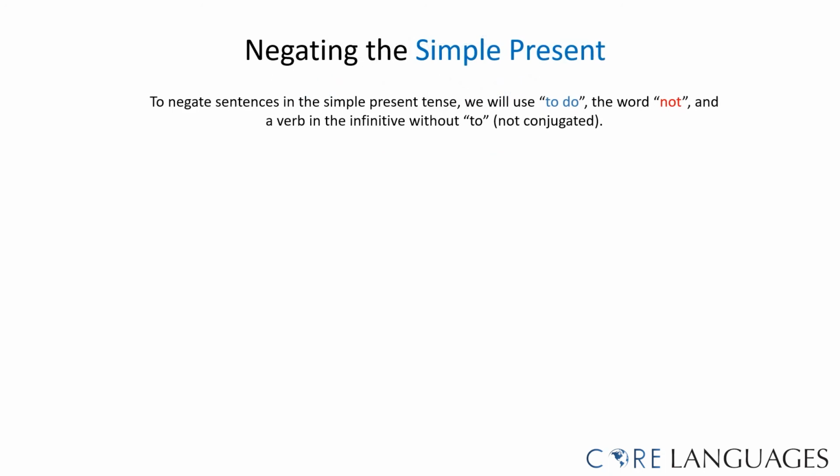To negate sentences that are not formed with the verb to be, we need to use to do, the word not, and a verb in the infinitive without to. The infinitive means that the verb has not been conjugated. The word order is subject, do or does not, and the infinitive verb, or the verb in its base form.